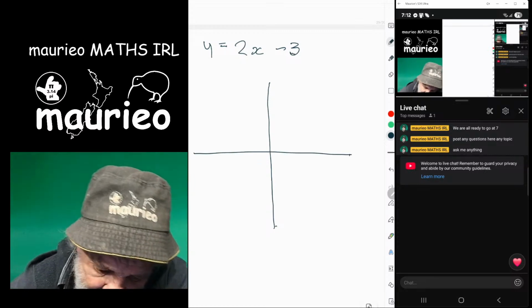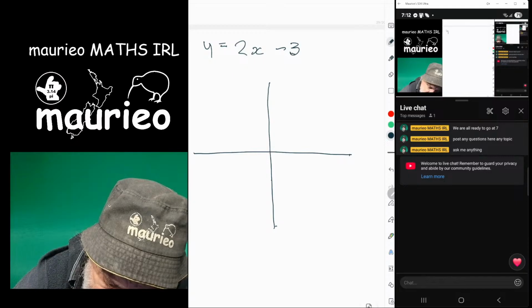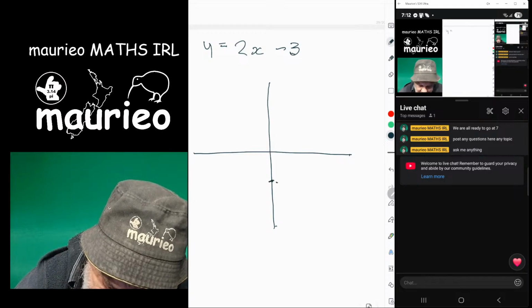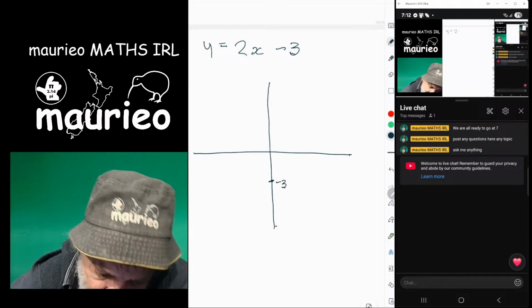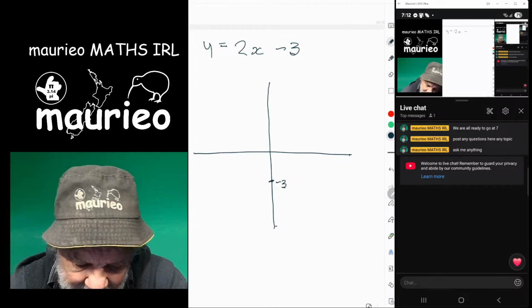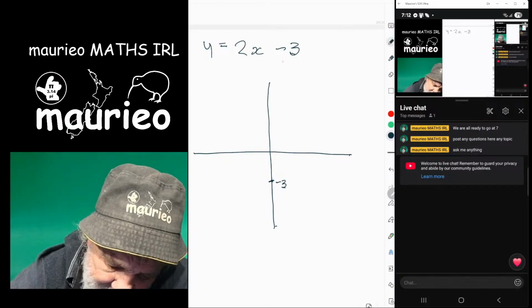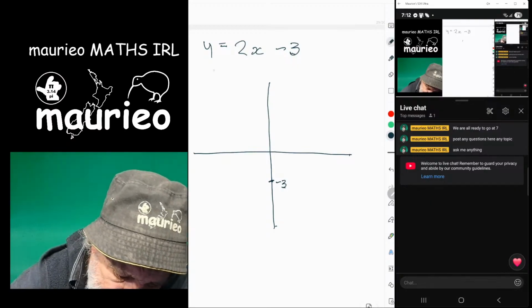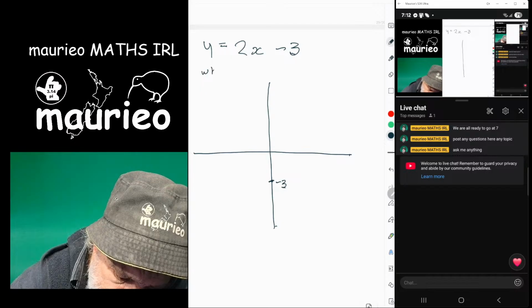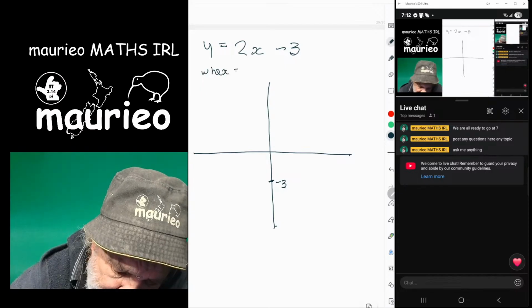And so we know that the intercept is here, -3. Okay. And so we know that's there. The gradient is 2. Let's just have a look and see when x equals 0, when y equals 0.